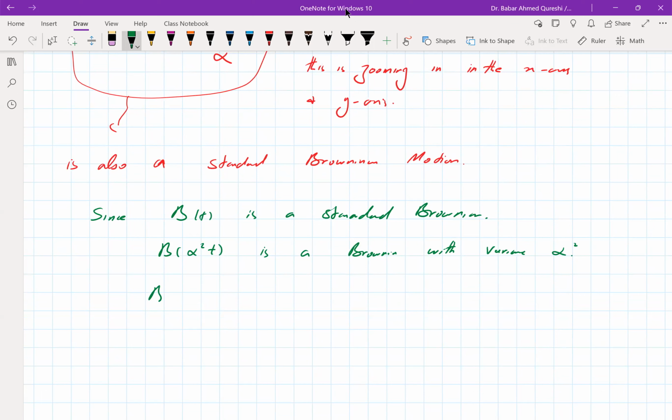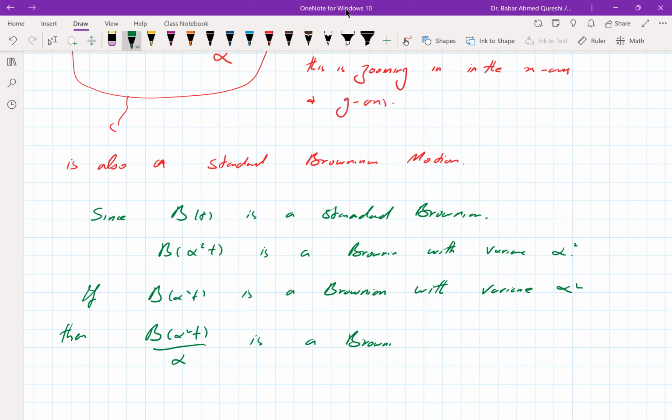Then the other property says that if this is a Brownian motion with variance alpha square, then if I divide by alpha, this is a Brownian motion with variance 1.